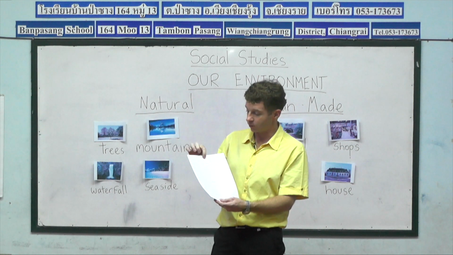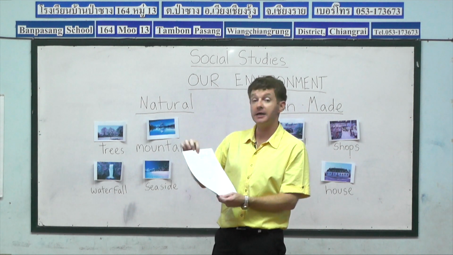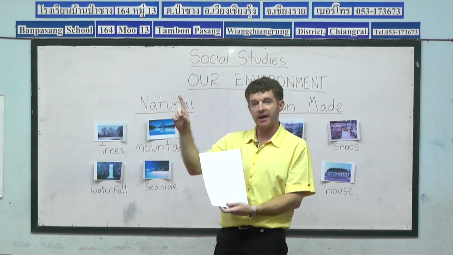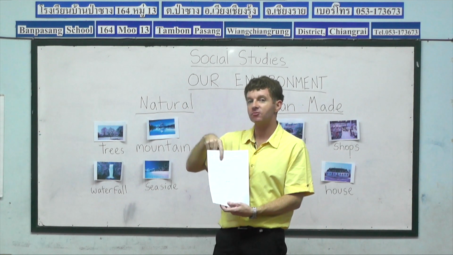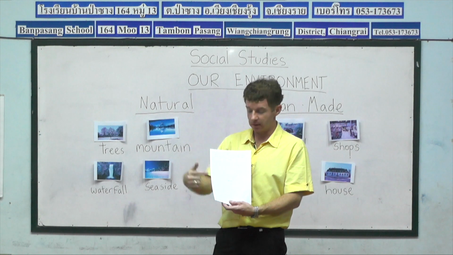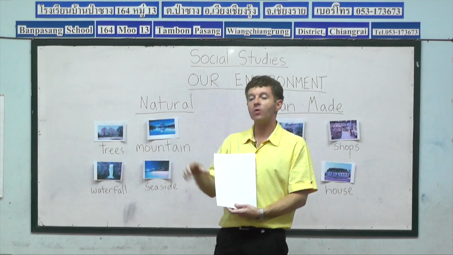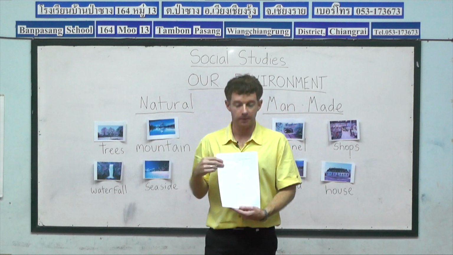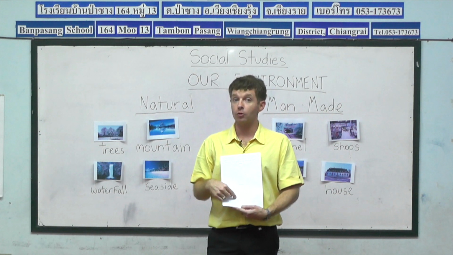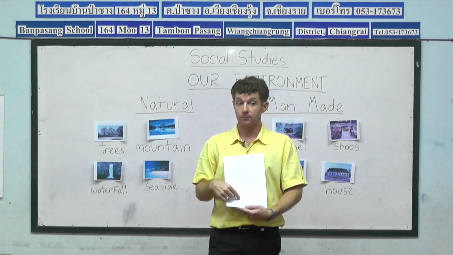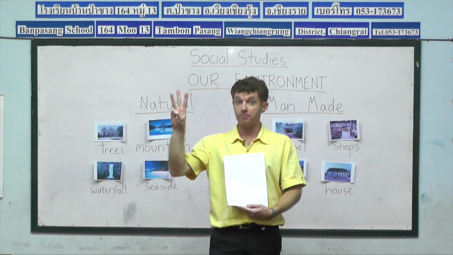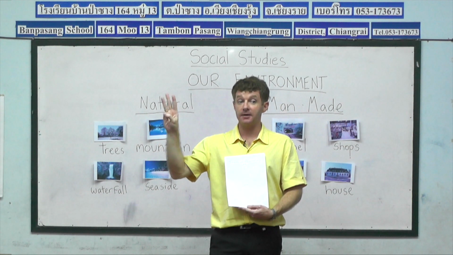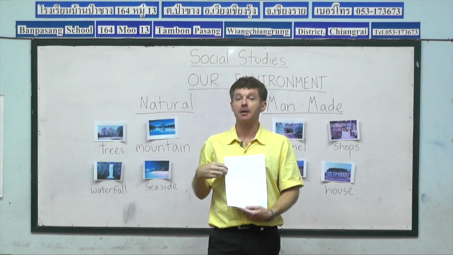And for natural, we will use the green pencil. And then, after you've drawn 3 natural environments in green, think about man-made. What type of man-made environments is there around our school? And for man-made, do your drawings in blue. Okay, guys? So 3 for natural in green and 3 for man-made in blue.